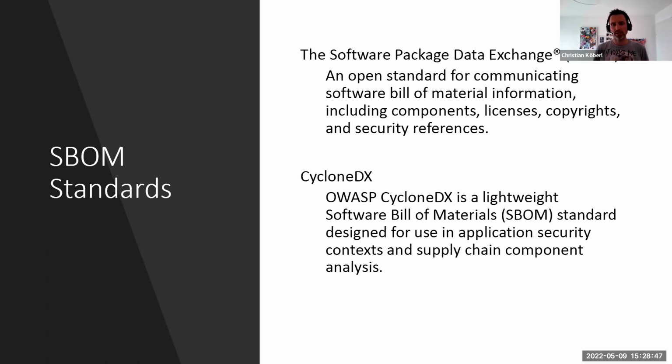Both standards are well established, and usually there are even some transformers that can transform one into the other and back. It depends on which tool you're using. They usually spit out one of those and maintain one of those. So these are quite good standards, and we can have a look in the demo at how these files look.